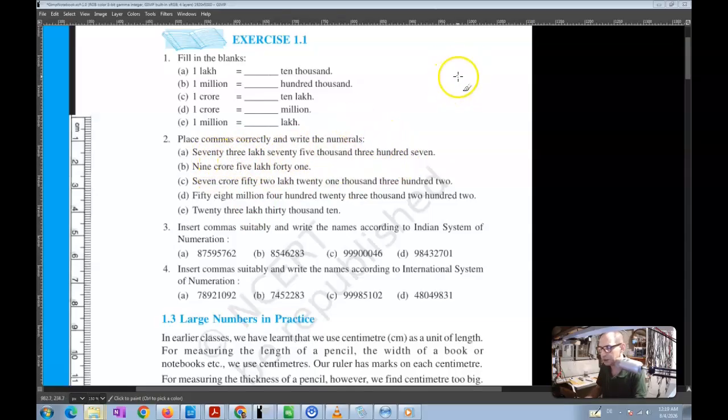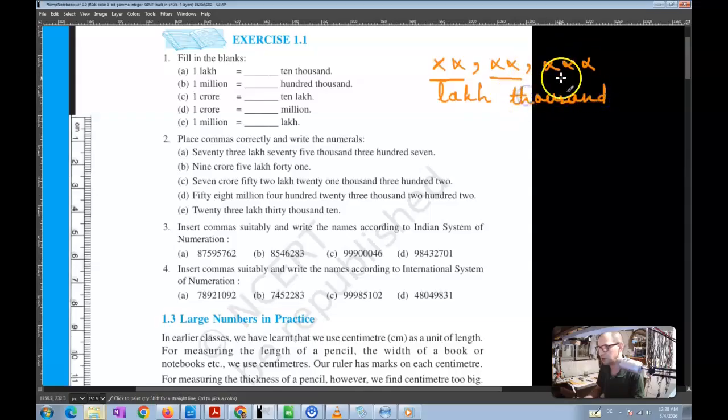In the Indian system, you have 2 digits over here and a comma, another 2 digits and a comma, and 3 digits over here. This is the lakh part, this is the thousand part, and that's the rest of your number.